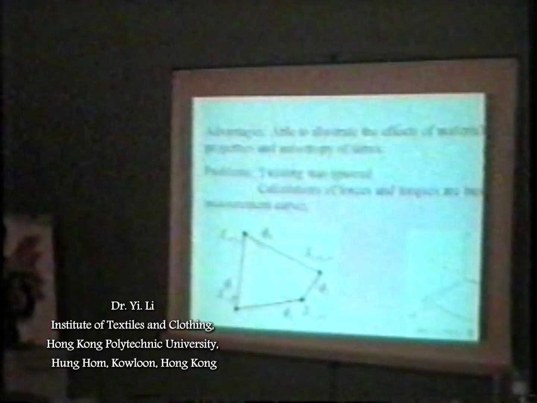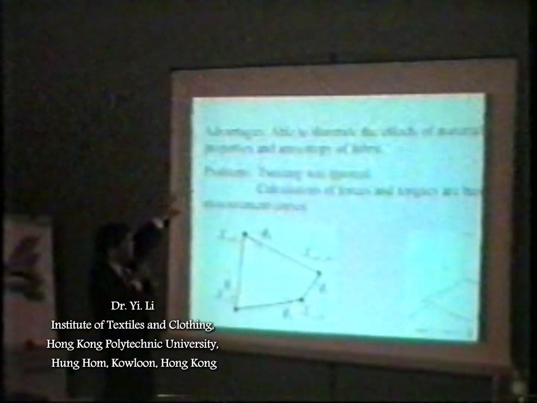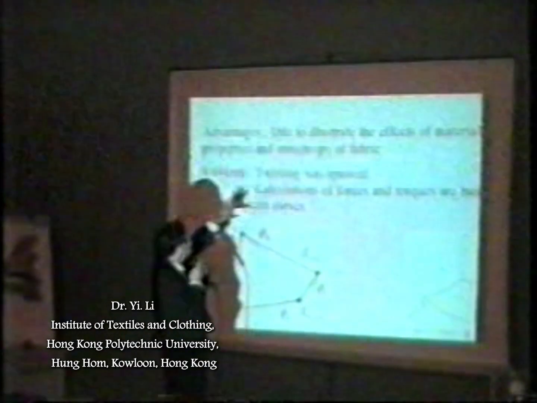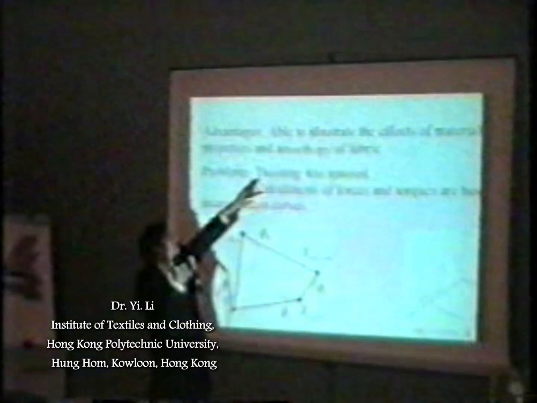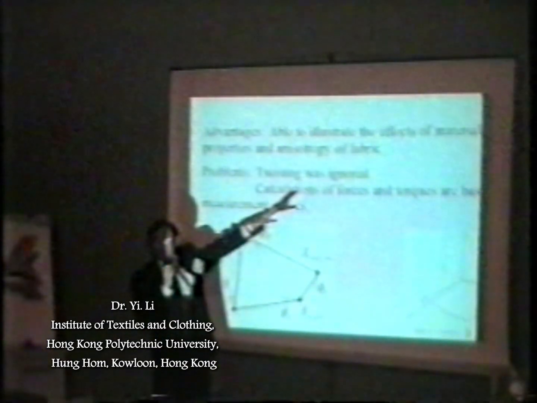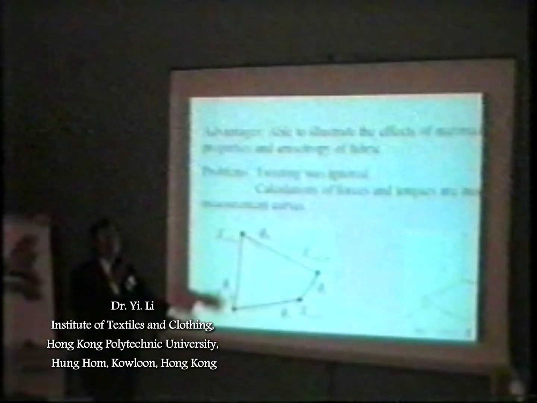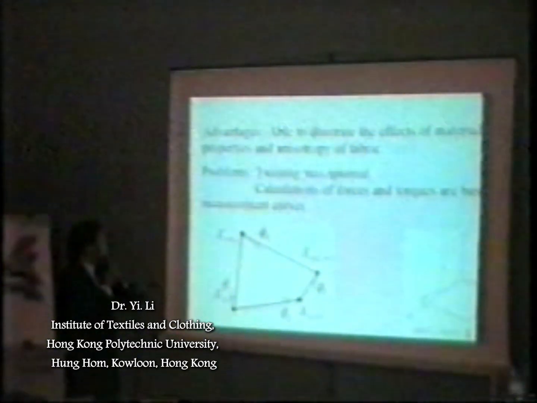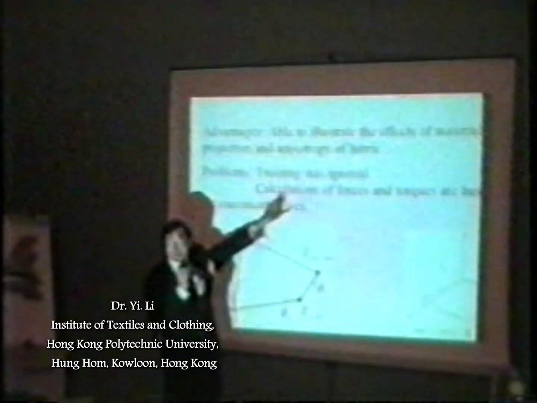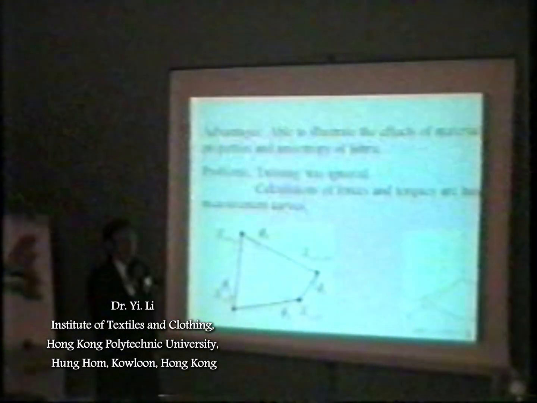In this model, there are some advantages. It is able to illustrate the effects of the molecular properties, also the orthotropic features of the fabrics, like in the weft and warp directions. However, we have problems with the model. First, the twisting effects were ignored.